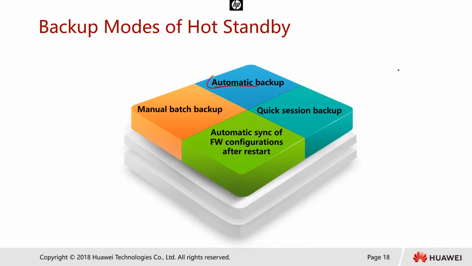Automatic backup also periodically backs up the status information on standby devices. Therefore, the status information of the active device is not immediately backed up after its creation. Instead, the information is backed up on the standby device around 10 seconds after its creation.